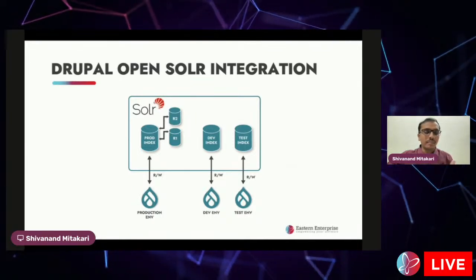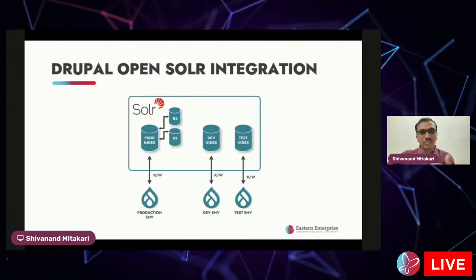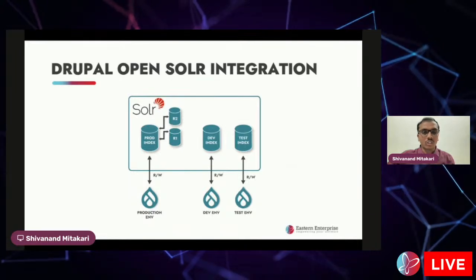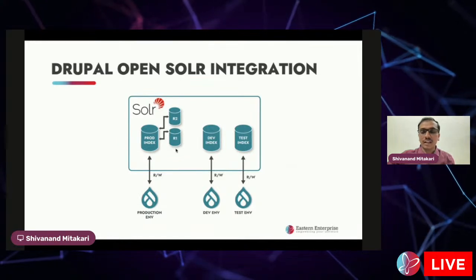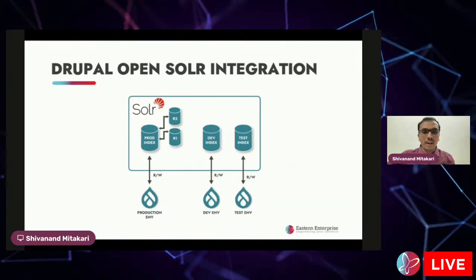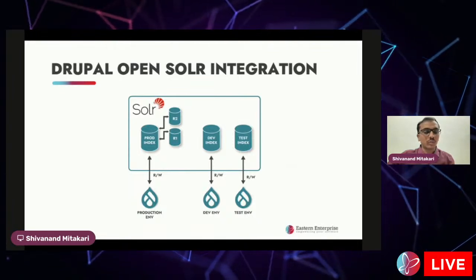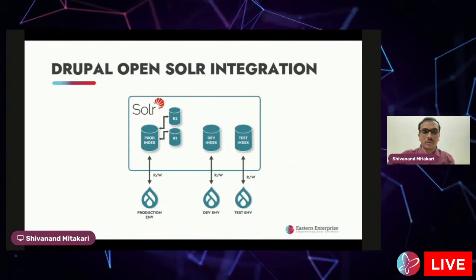We can create multiple indexes in Open Solar, and then we can connect these websites to those instances. On top of it, if you see this production instance, there is R1 and R2, which are replicas that are provided, and that is the reason it gives a faster response to the queries. We'll see that in more detail in the demo.